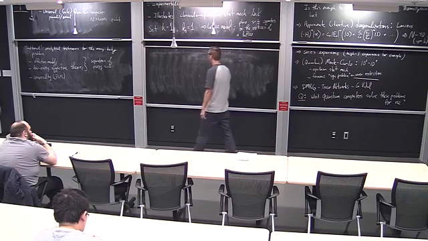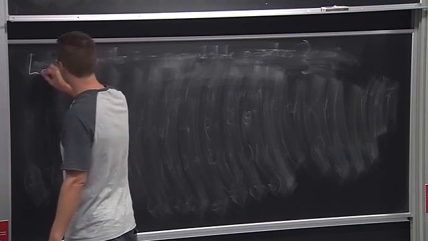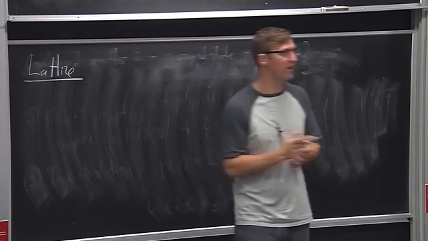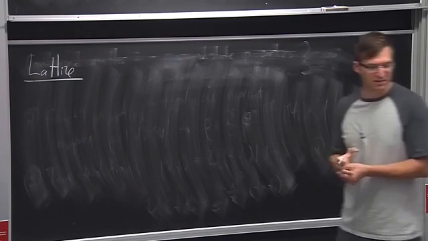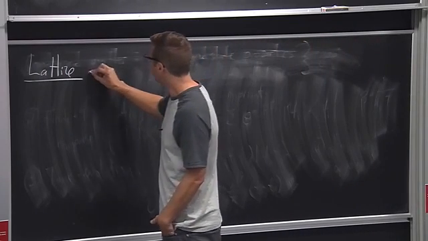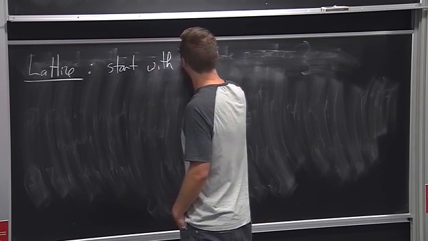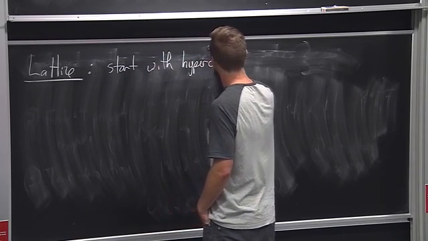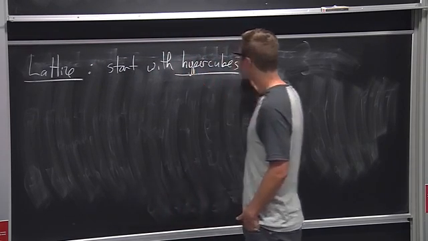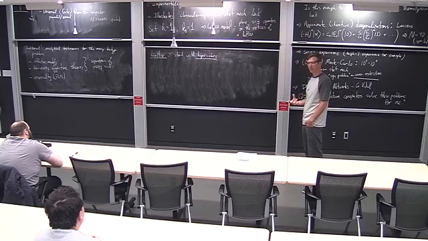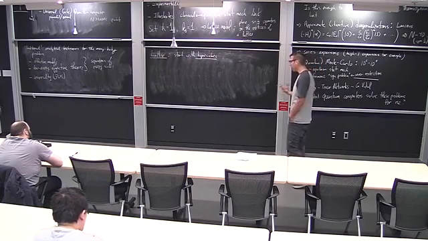So the lattice will be kept in general dimensions as much as we can. And to start, I'm going to talk about hypercubes. The role of the lattice is very important in condensed matter field theory because you keep the lattice in the theory. So why do you do that?